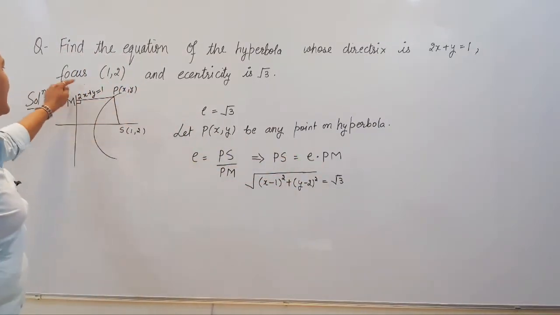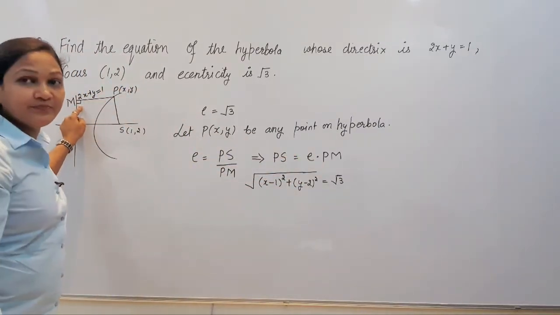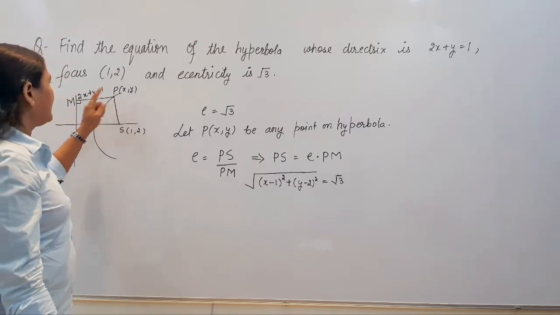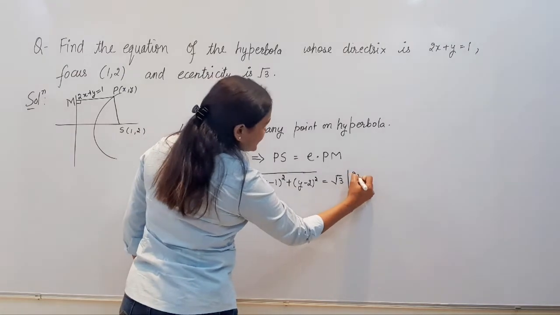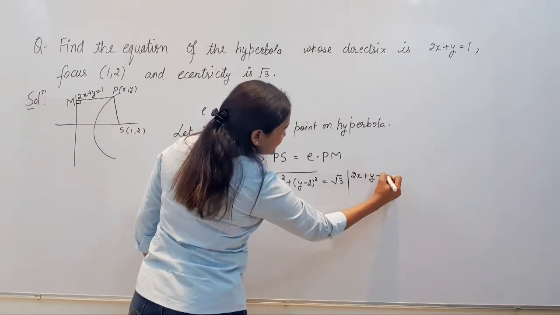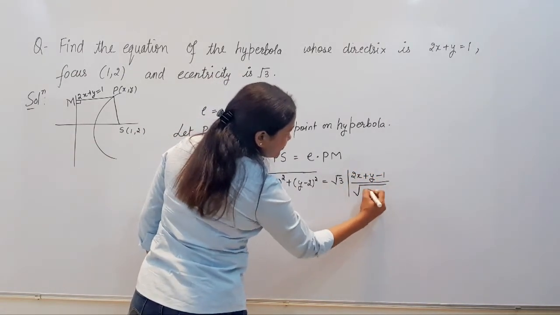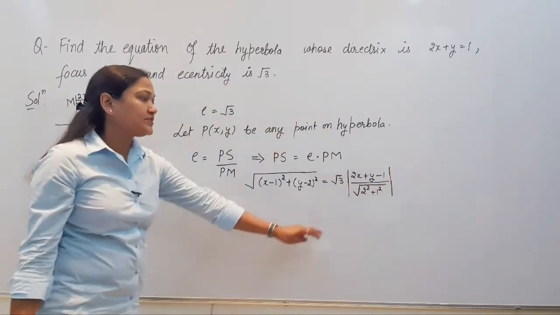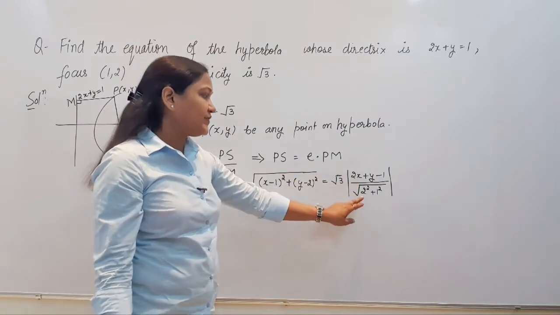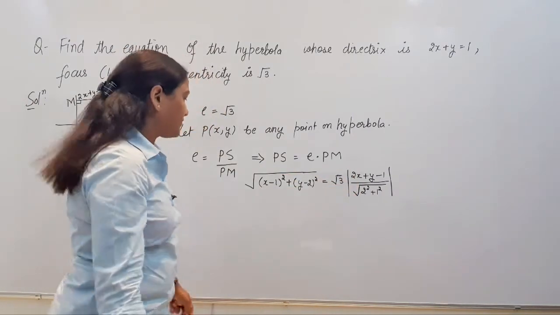P से एक लाइन के ऊपर परपेंडिकुलर डिस्टेंस, and that distance is modulus of 2x + y − 1 upon root of 2 का square plus 1 का square. This is called the distance between a line and a point.